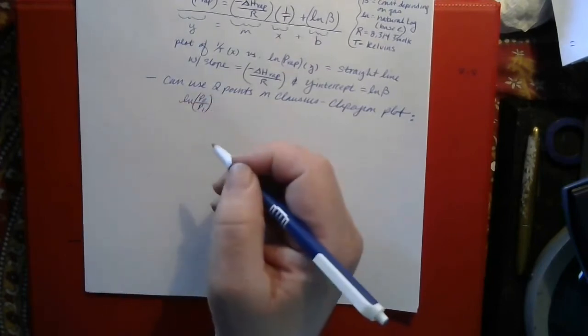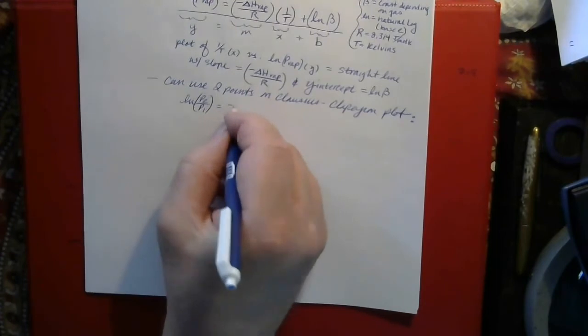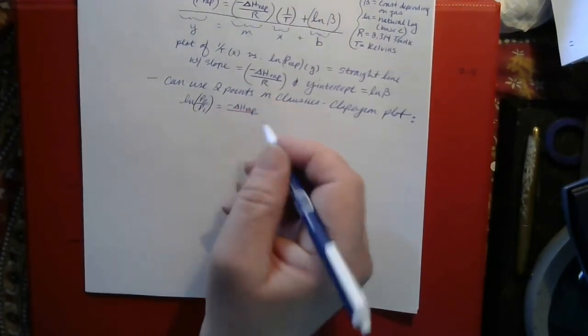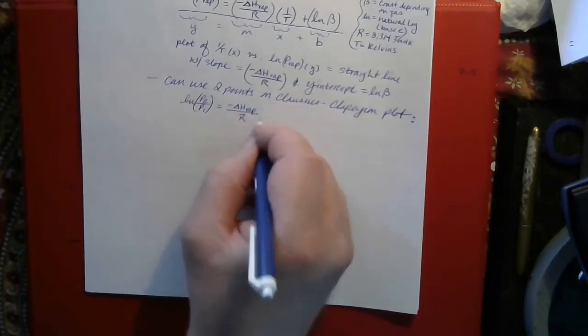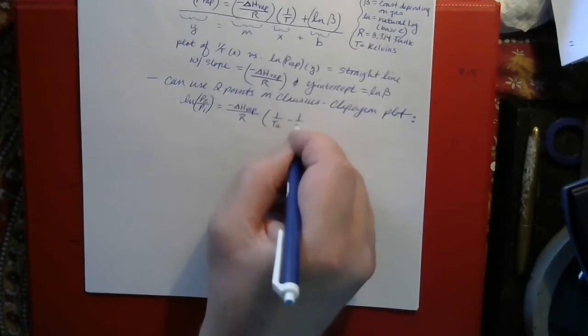And that is natural log of P2 over P1 is equal to negative heat of vaporization over R times 1 over T2 minus 1 over T1.